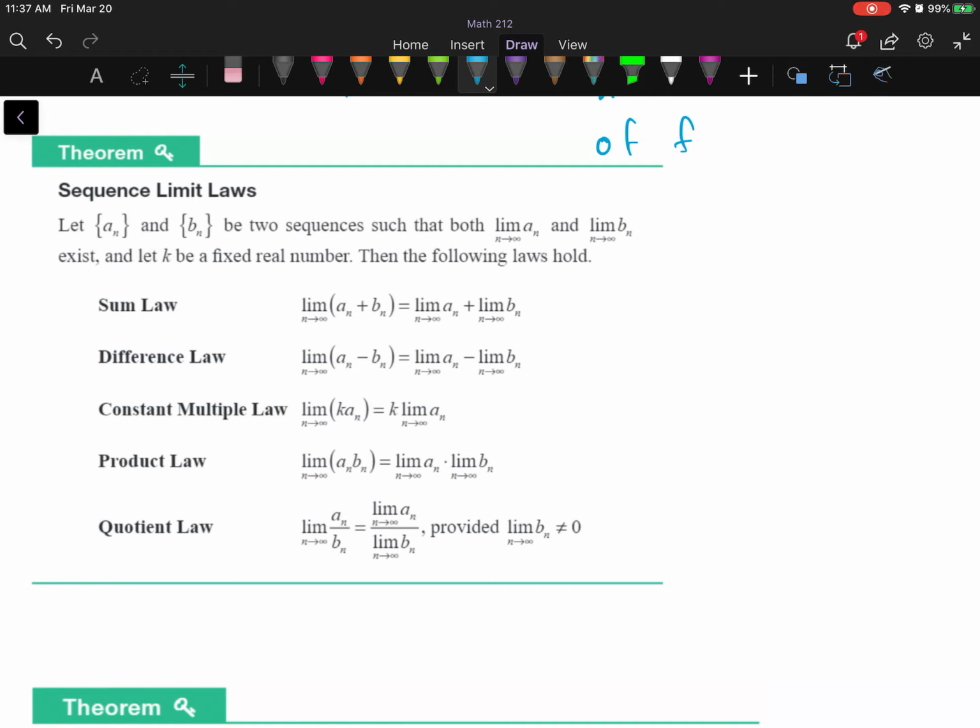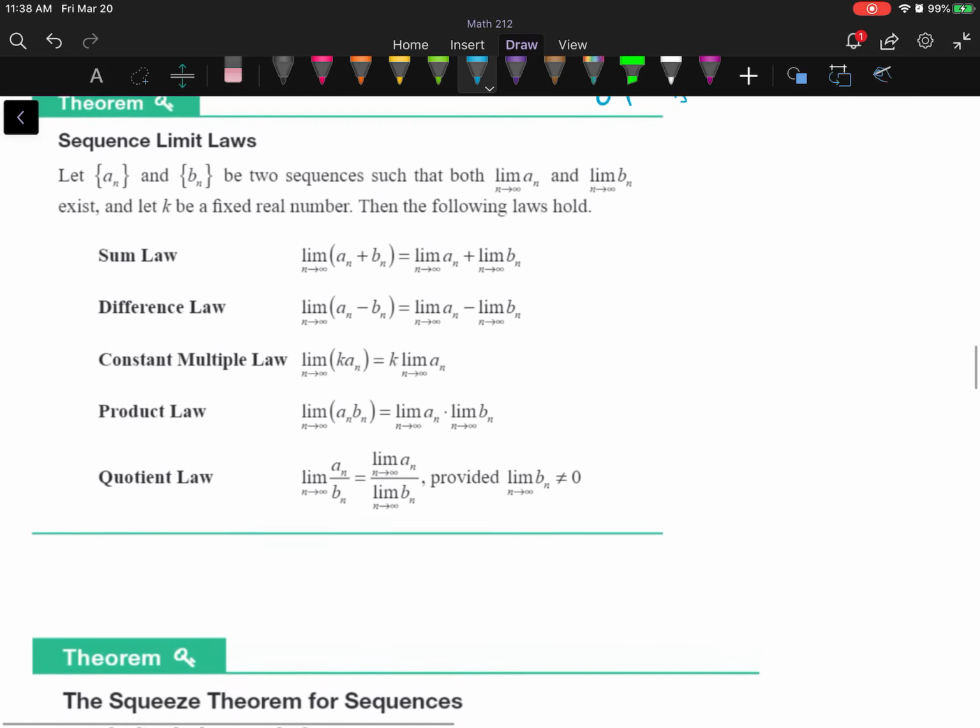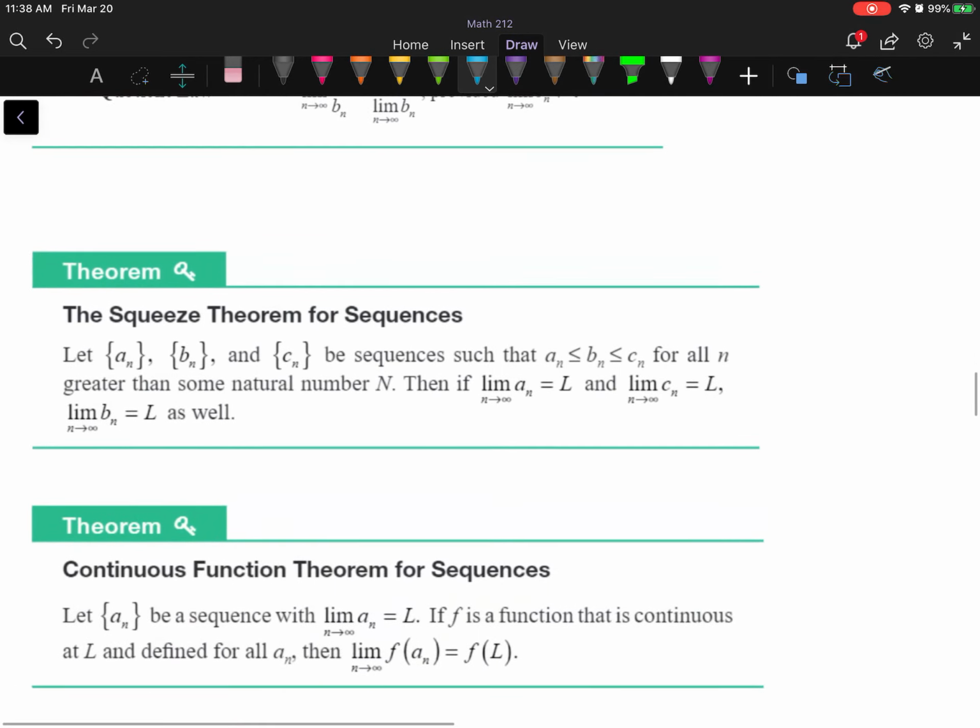It'll be very tempting later on to try to use these limit laws even when the individual sequences do not converge. But these limit laws behave the way that you would expect them to, just like normal operations: addition, subtraction, multiplication, division, all that stuff. They're not super important. They work out the way that you would expect.